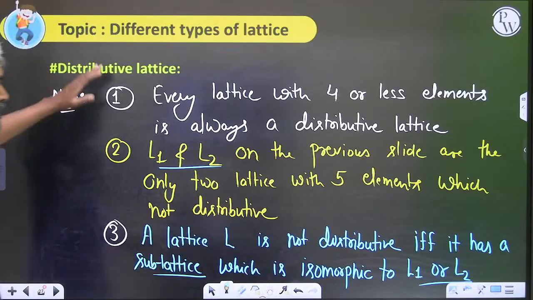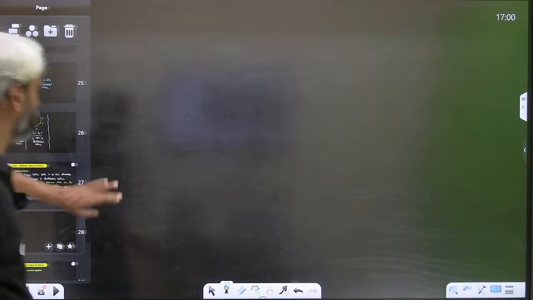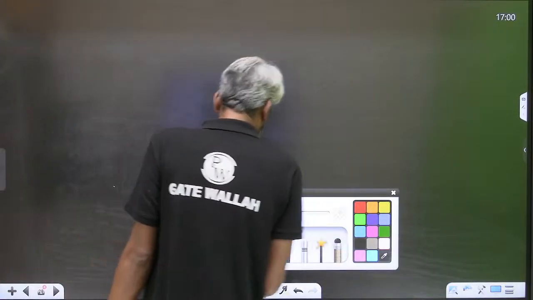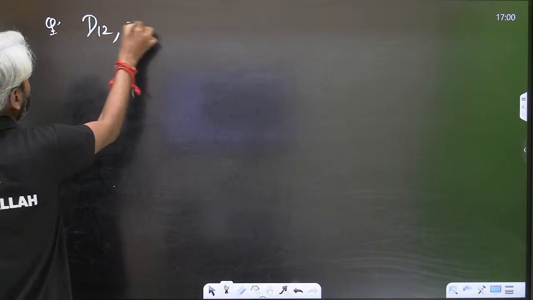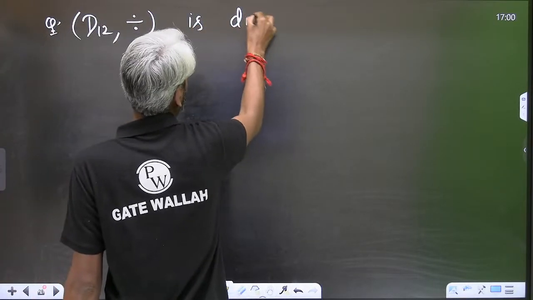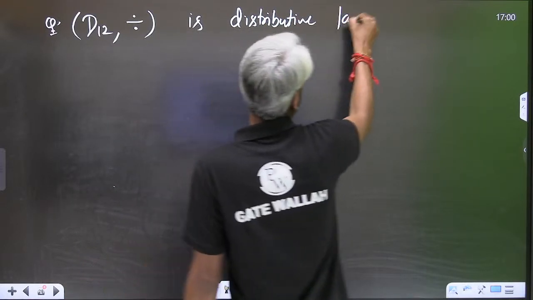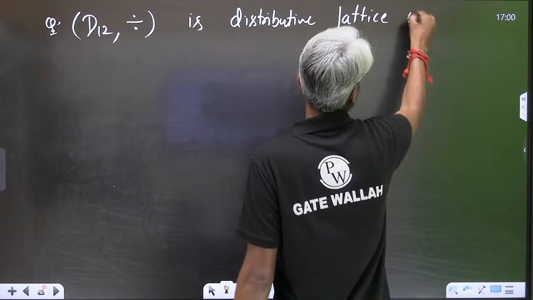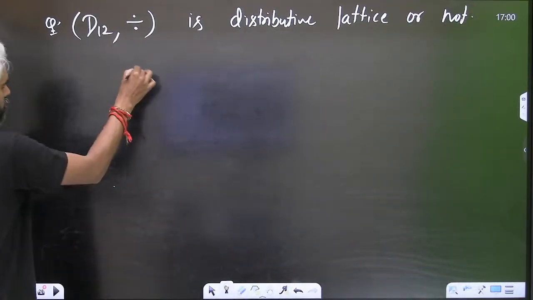Clear? So, these are some points which you need to remember. Now, tell me: is D12 with respect to divisibility a distributive lattice or not? Somebody asks you like this. You check.